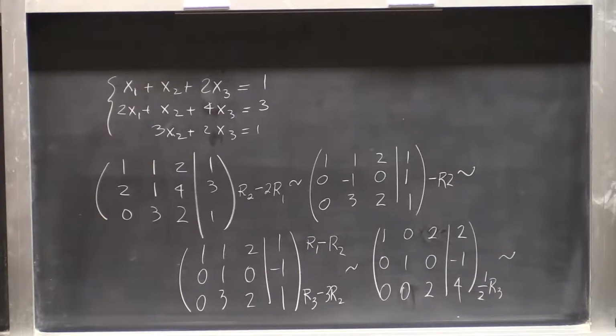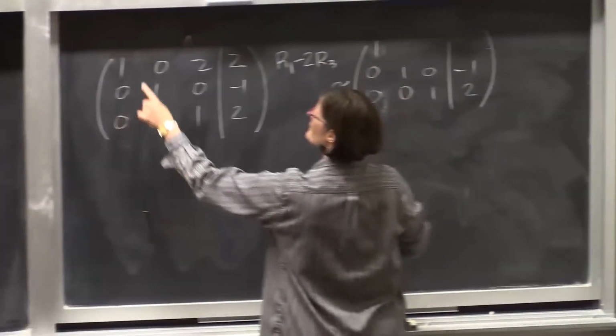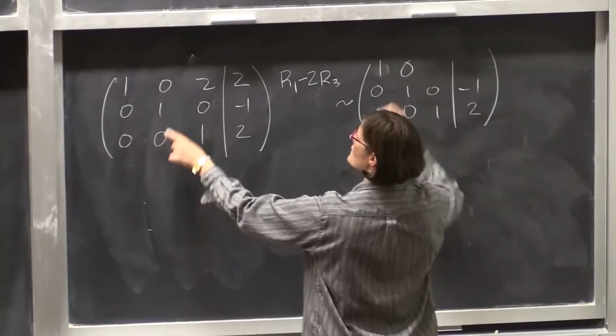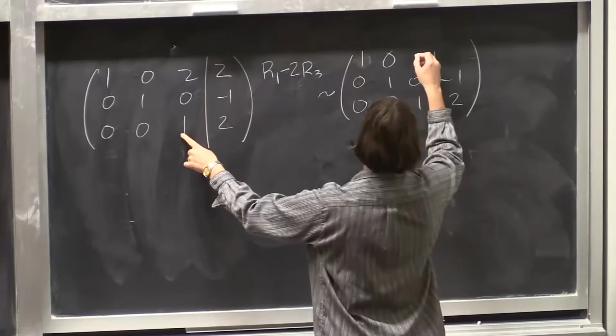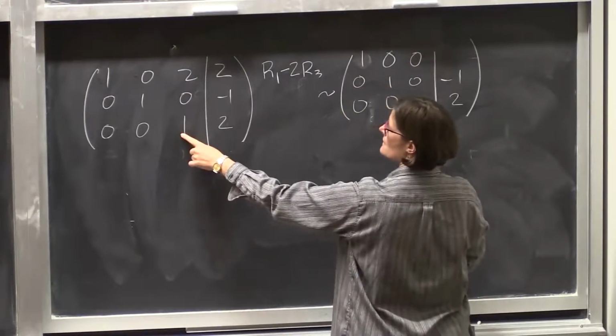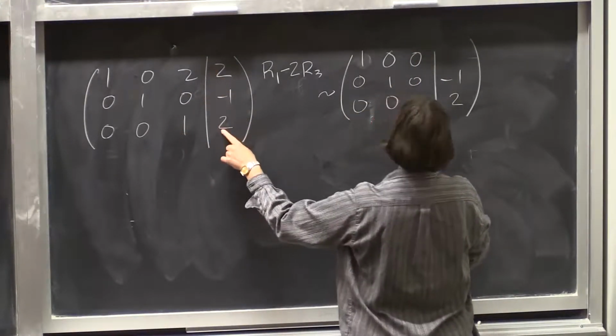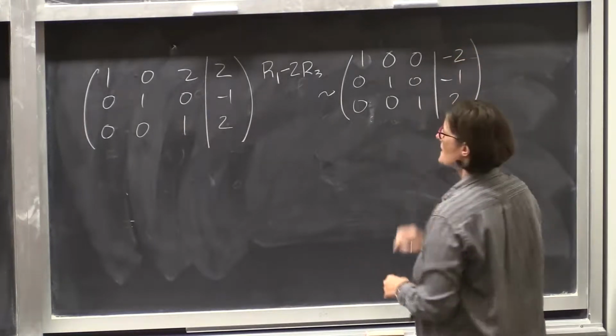This minus 2 of that is 0. This minus 2 of that is 1. This minus 2 of that is 0. This minus 2 of that is 0 by construction. This minus 2 of that is minus 2.